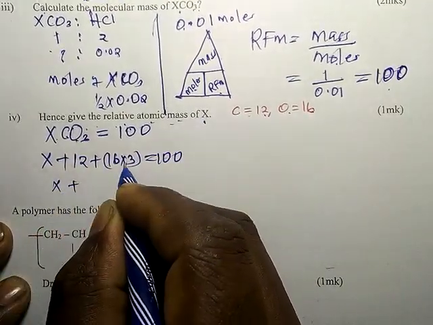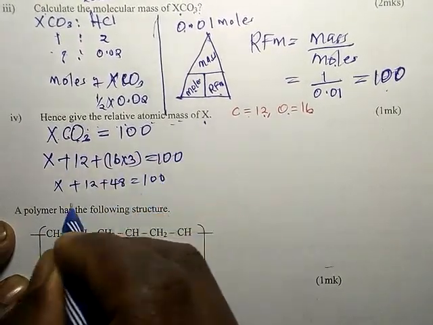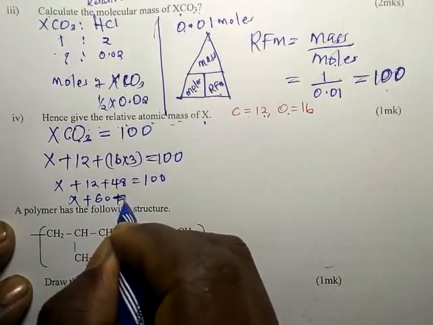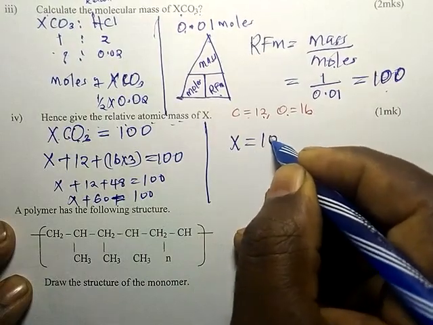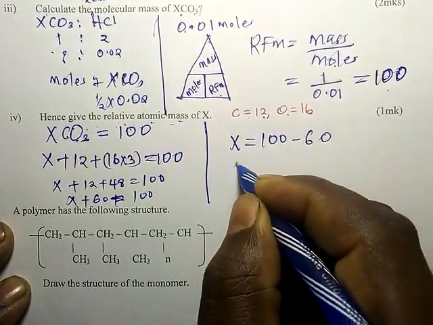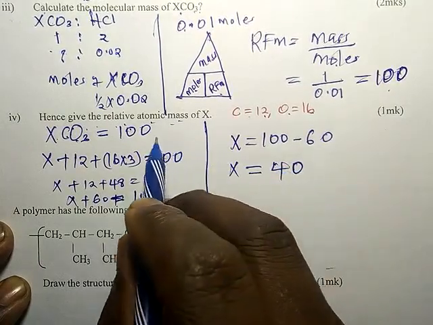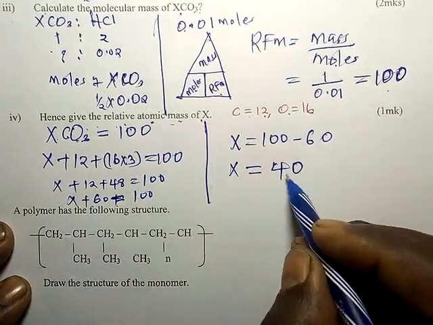So X plus 12 plus 48 equals 100, X plus 60 is equal to 100, so X is 100 minus 60, which is 40. Therefore, the relative atomic mass, the RAM of X, is 40.